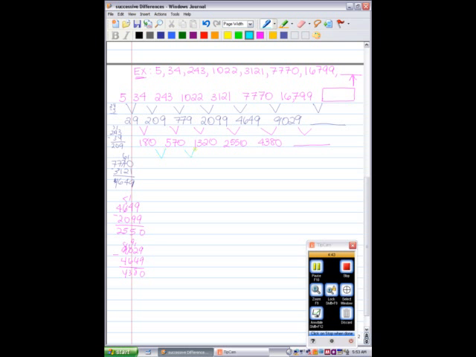We're going to now take differences for the next row. 570 minus 180 is 390. 1,320 minus 570. Let's do that one here too. Let's see what we get. 750.